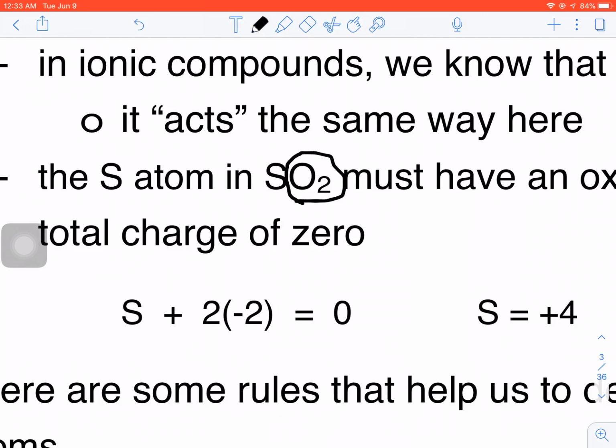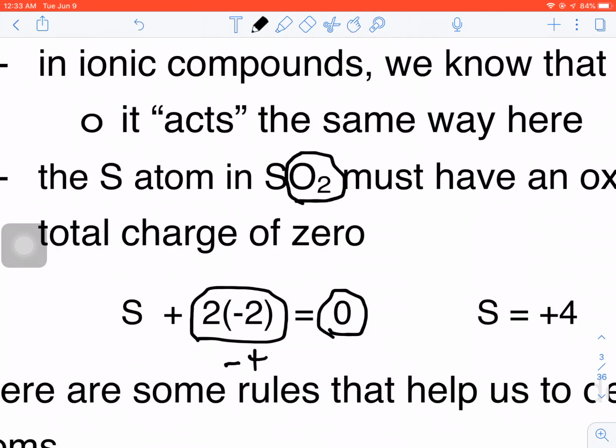So what that means is those 2 oxygens are acting like they're -2s, right? So if they both act like they're -2s, and the total charge of the compound is 0, because SO2 has no charge, that means the sulfur, if I do the math, 2 times -2 becomes -4, I'm sorry. Yikes.